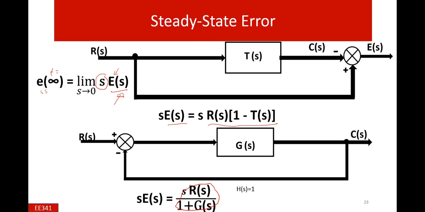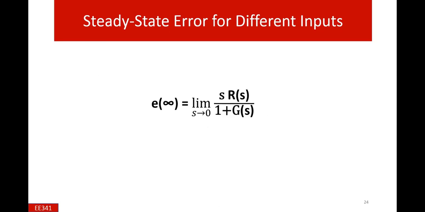Next we have to find the steady state errors for different types of inputs. This is the steady state error, which is already defined as the error as time approaches infinity.